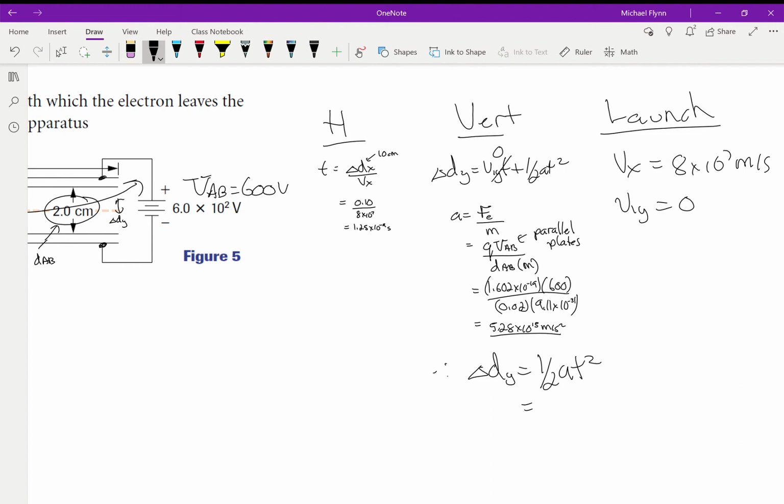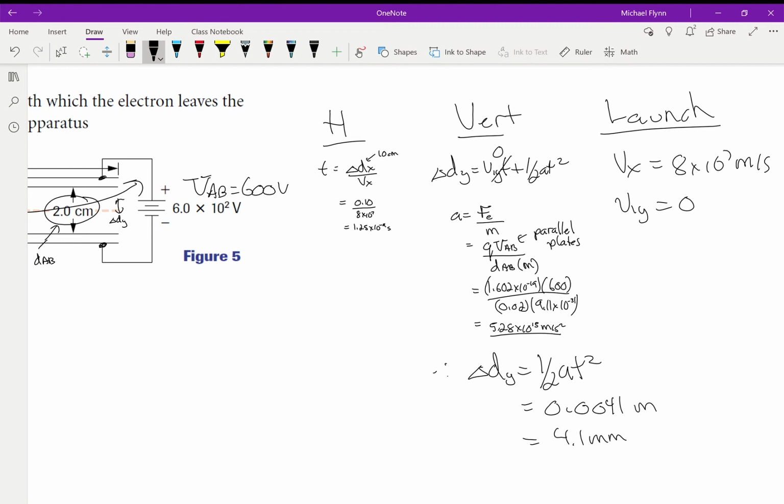And I get 0.0041 meters, which is equal to 4.1 millimeters. Okay, so yeah, just a few millimeters, it ends up going up there.